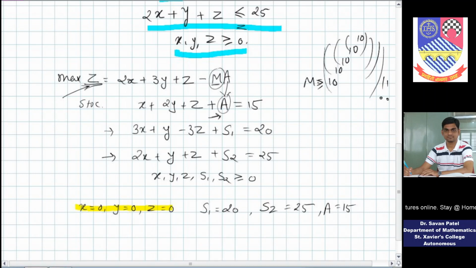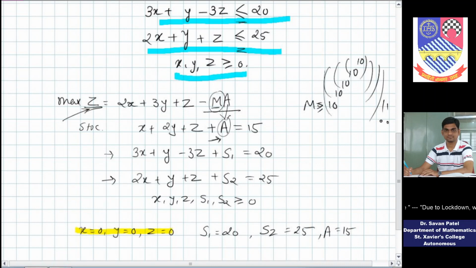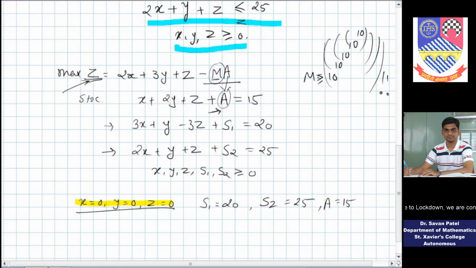Okay, so this is the only change in the sense of when we are having all constraints of the less than or equal to type, or one or some constraints of the equality type. Whenever we are having more constraints with equality initially, and we are not able to find the initial feasible solution by just considering your original variables as 0, then we will introduce an artificial variable.